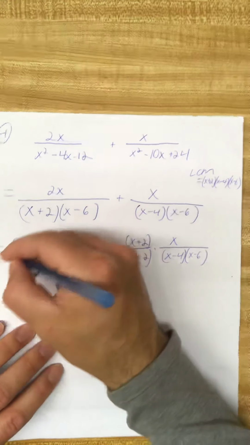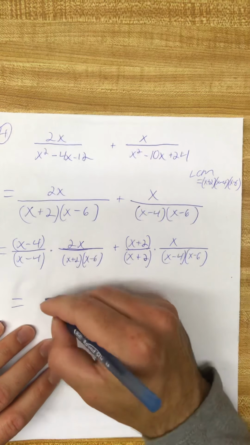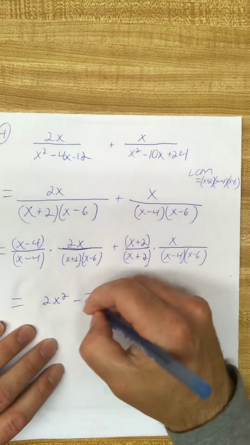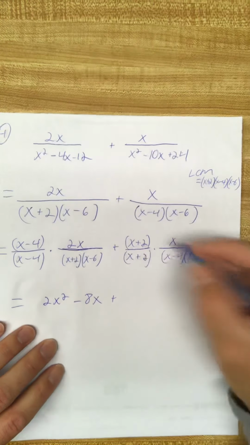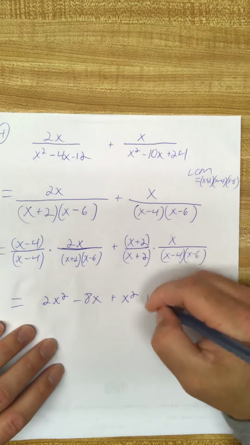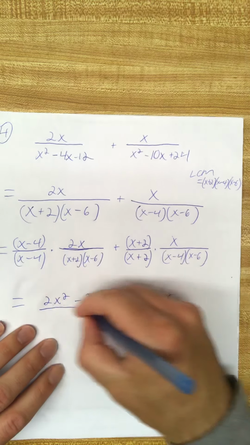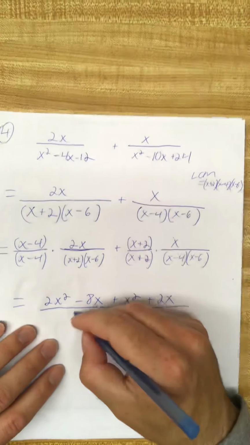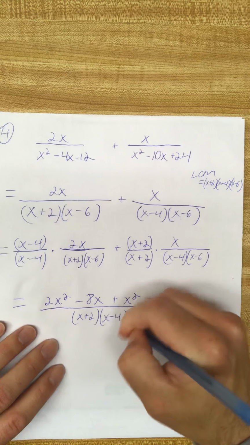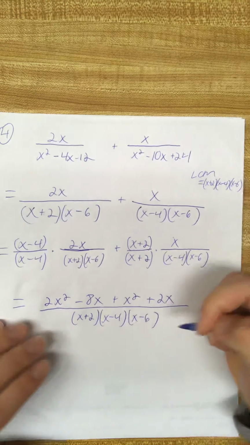So my numerator here, we're going to do 2x times x, get 2x squared. 2x times the negative 4 is going to be negative 8x, plus x times x is x squared, and then 2 times x is 2x. All divided by x plus 2, x minus 4, x minus 6.